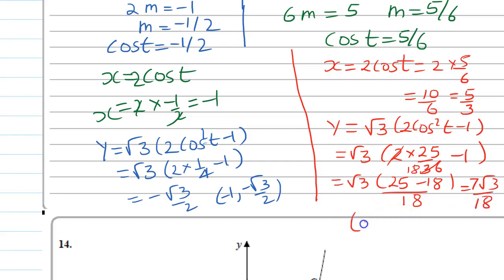So the values we got are 5 over 3 and 7 root 3 over 18. Okay, so this will be your answer.